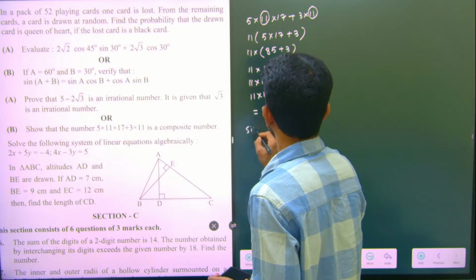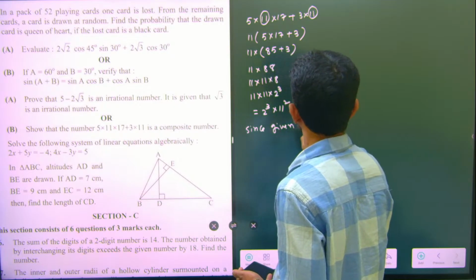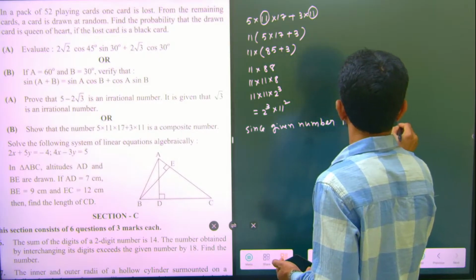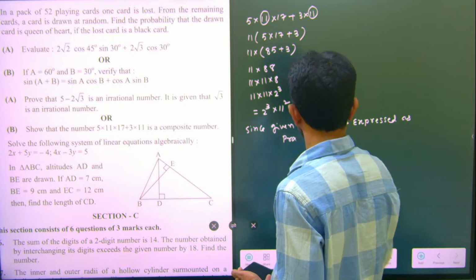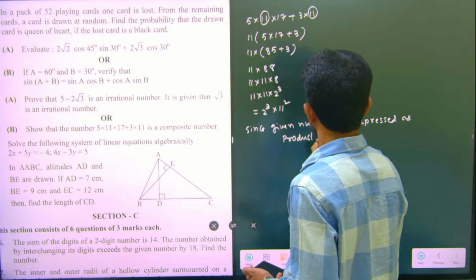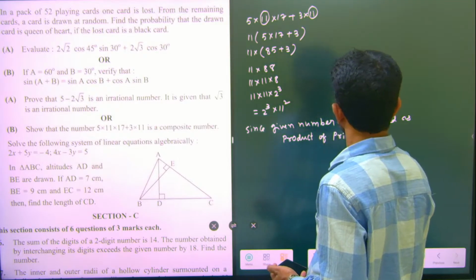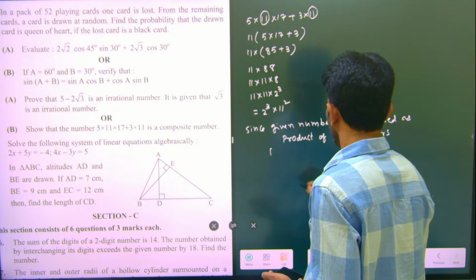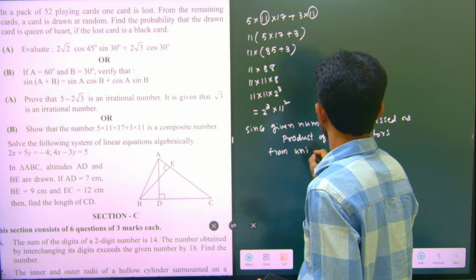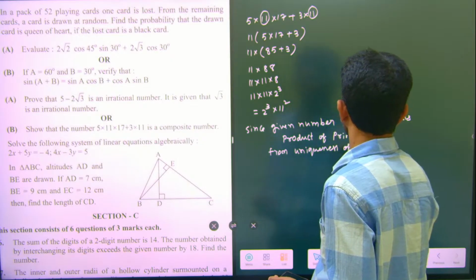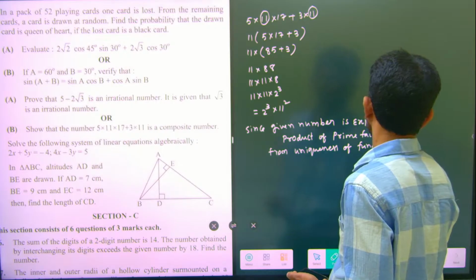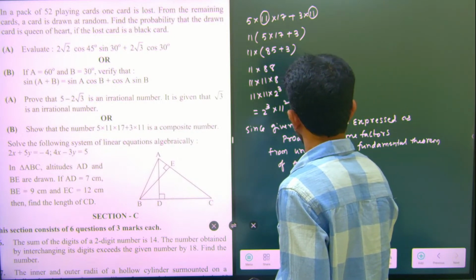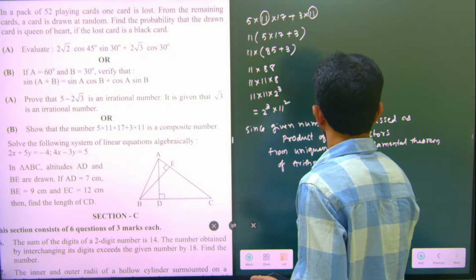So now what we write, since given number is expressed as product of prime factors, from uniqueness of fundamental theorem of arithmetic, given number is composite.